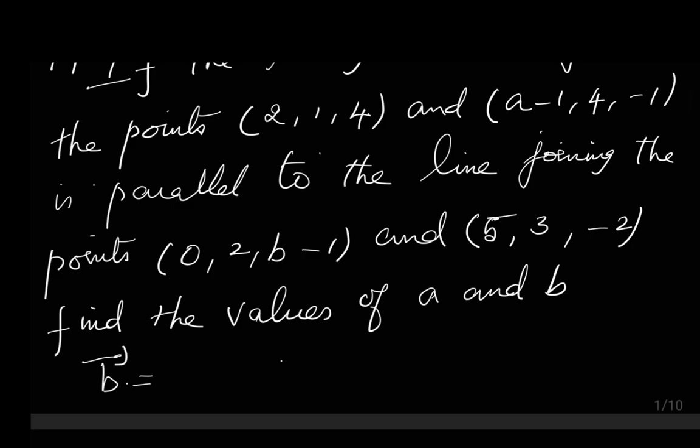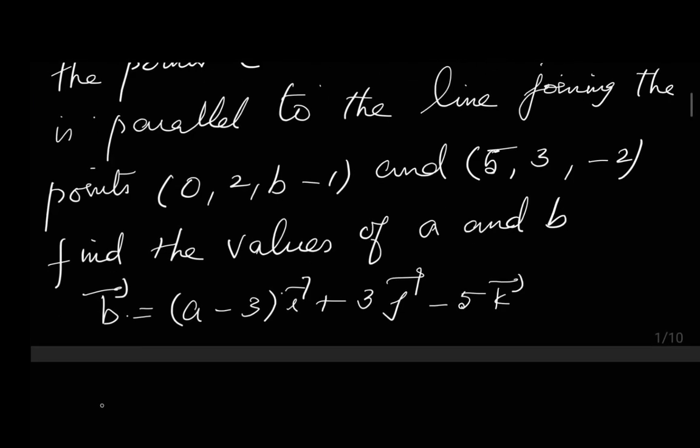Vector b equals x2 minus x1: a minus 1 minus 2, that is a minus 3, this is the coefficient of i, plus 4 minus 1, 3j, plus minus 1 minus 4, minus 5k.